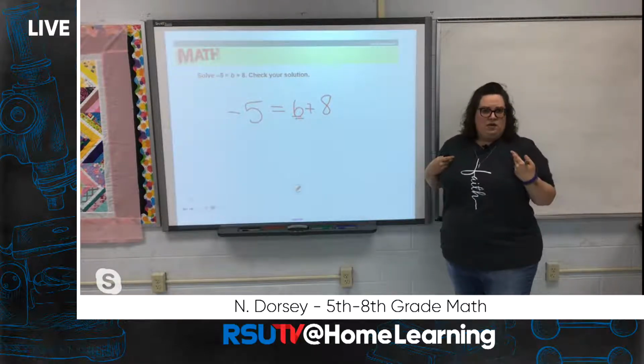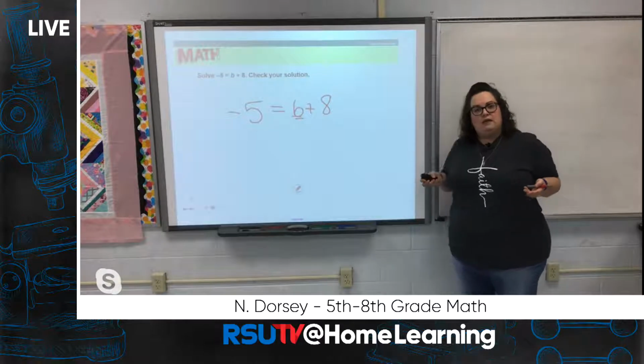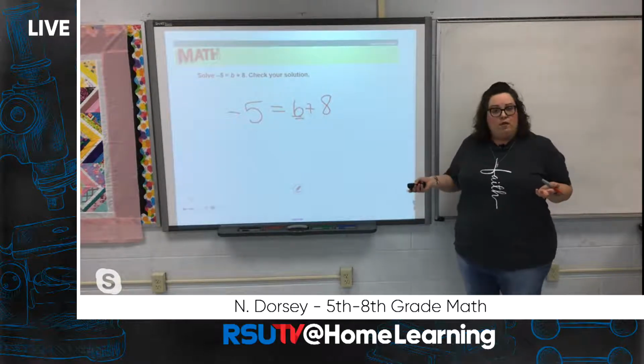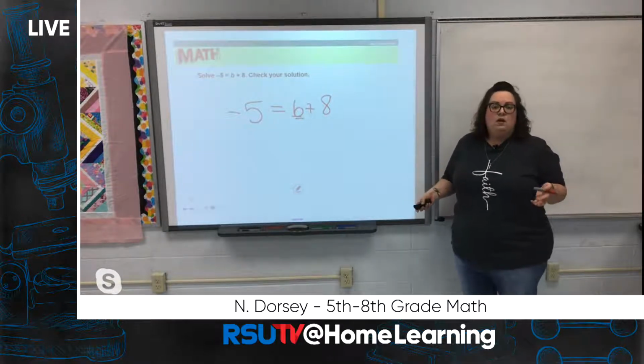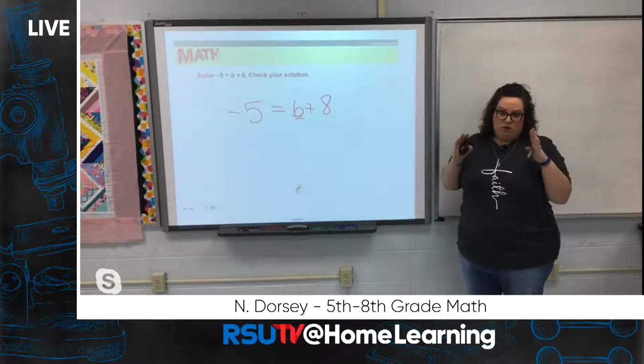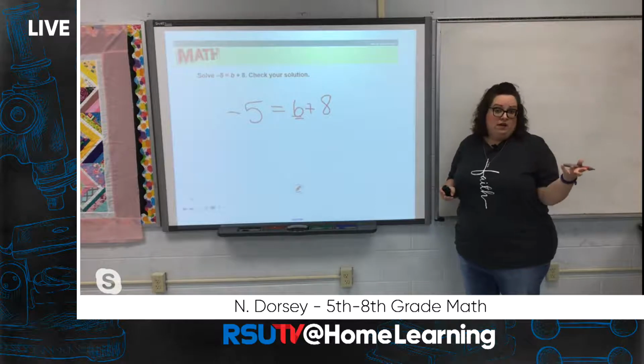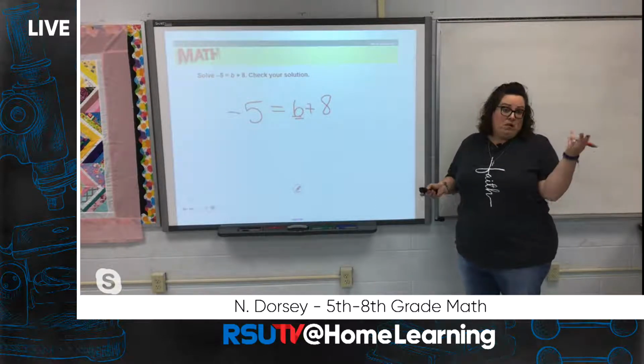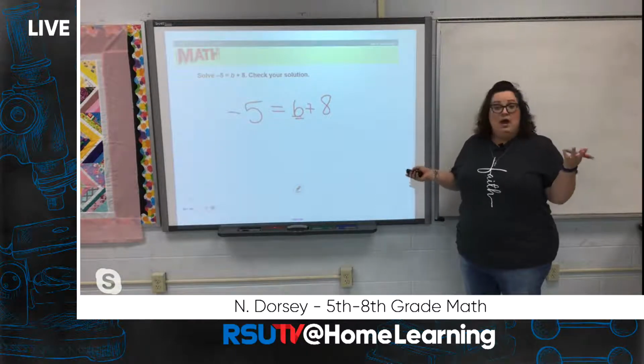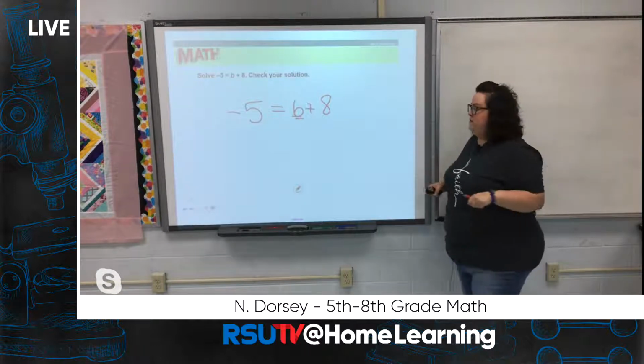And I allow my students to do this because it doesn't change the problem. It doesn't change how they solve it. But many students are visual and they need consistency. So teachers, if that's something you've never thought of, you might want to try that and see if that helps with the confusion of this.